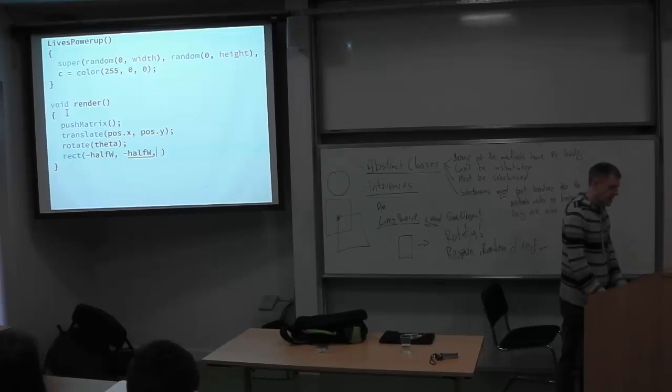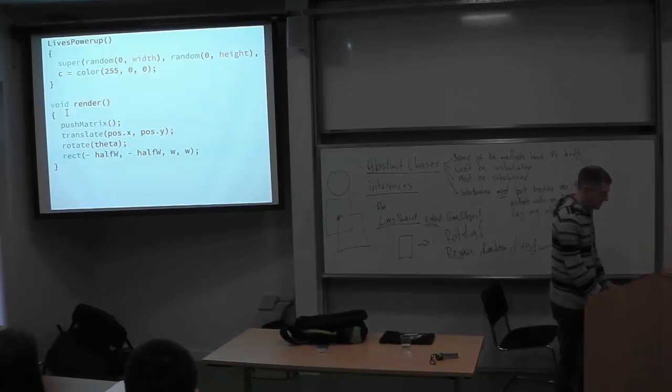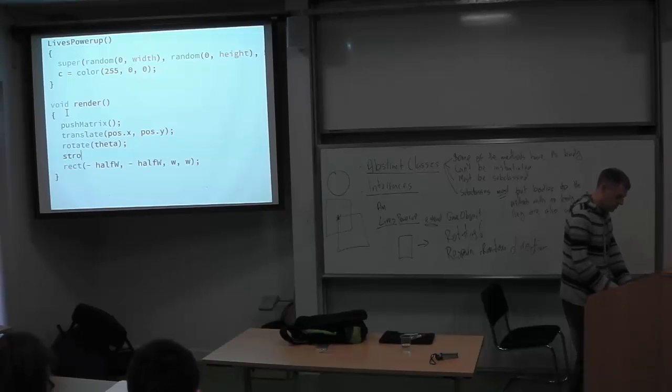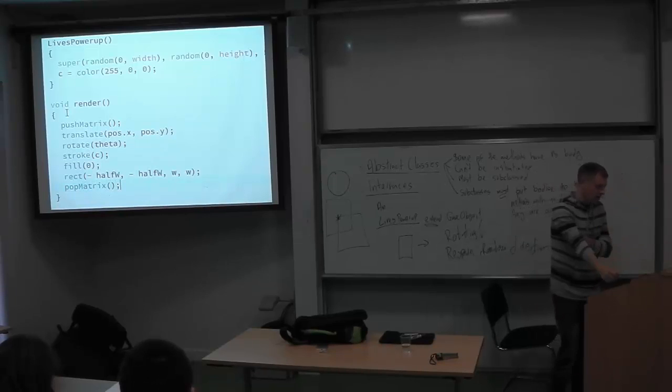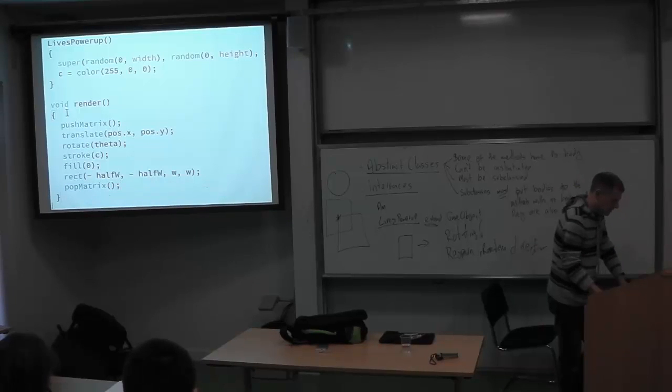So half w is half the width, right? And then w comma w. There we go. So there's my rectangle. Not forgetting to go stroke(c), fill(0). We'll do the rectangle, and then we'll call popMatrix. Alright, so that's the rectangle drawn. That's the power up drawn.